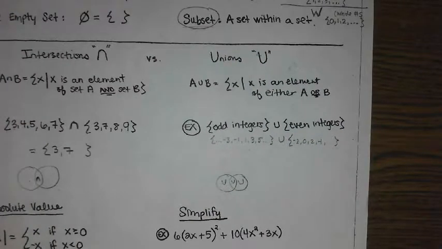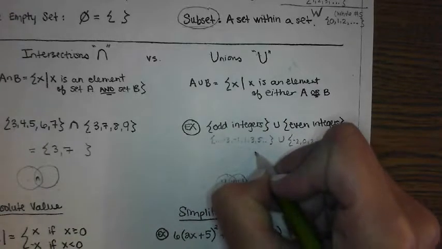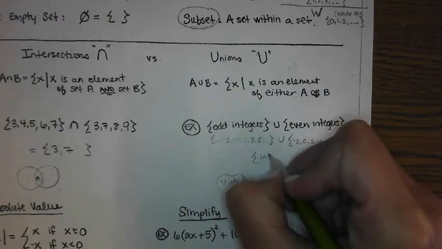When you unite these two sets, what do you get? Go ahead. All integers. What's your name? Yeah, nice job. All integers.